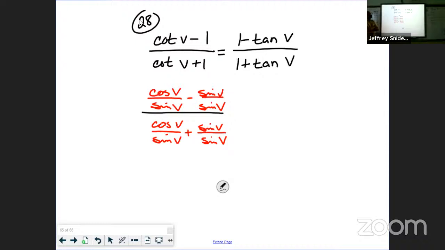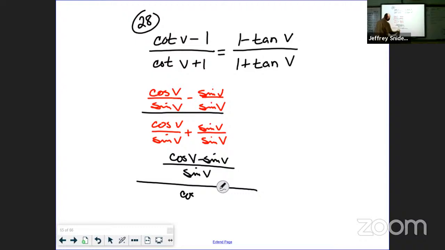So what do I get in the numerator? I get cosine b minus sine b over sine b over cosine b plus sine b over sine b. Now what happens here with this, guys? I want to think about this.